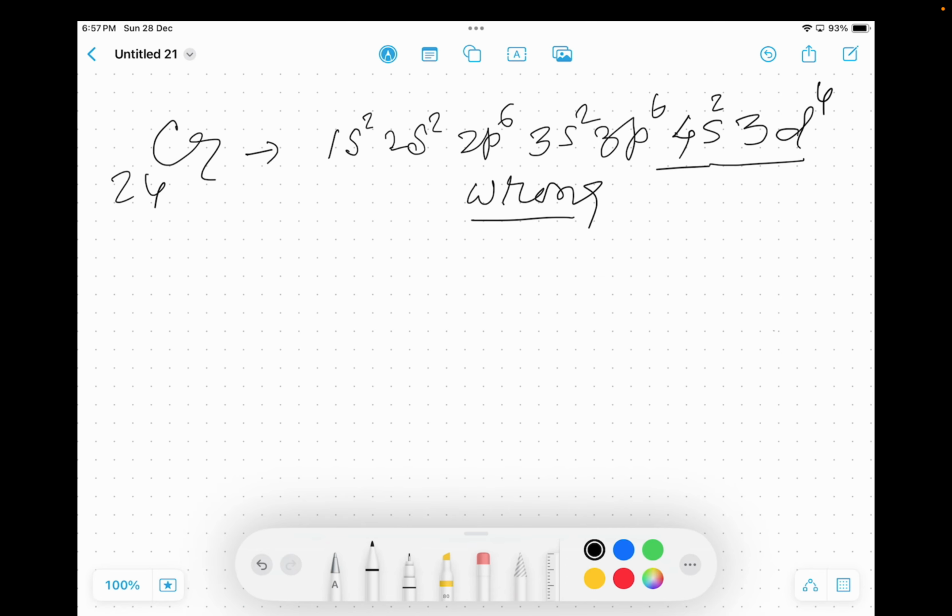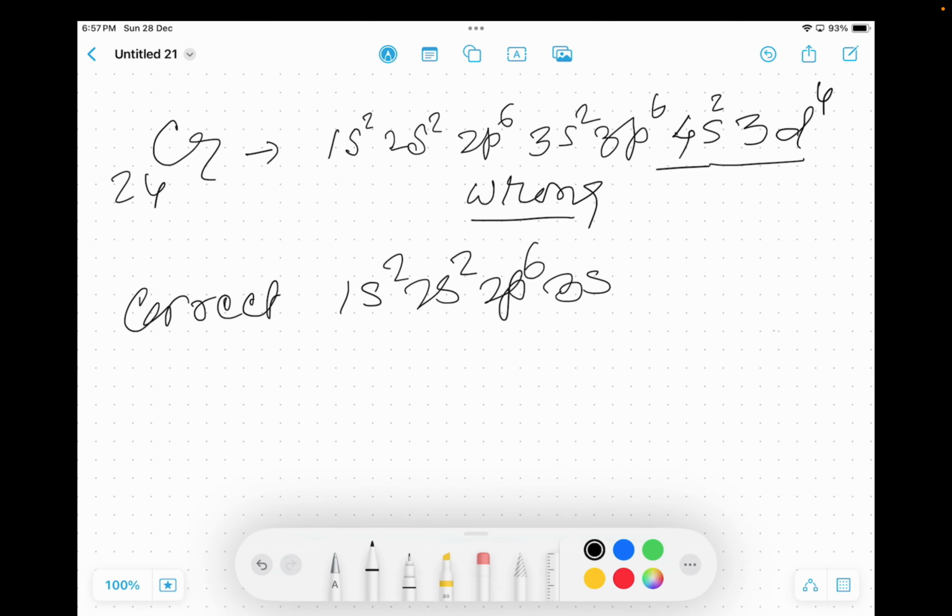The observation says that the correct electronic configuration is 1s2, 2s2, 2p6, 3s2, 3p6, 3d5, and then 4s1.